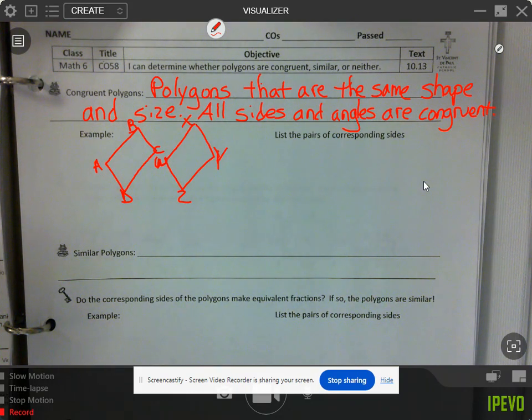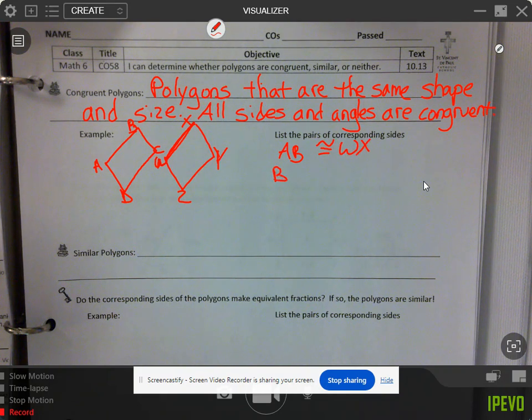Why did I put them at the angles? I see. So listing the corresponding sides, I'm going to do my segment for each side. So my AB is congruent. That's what that symbol means. AB is congruent with WX.